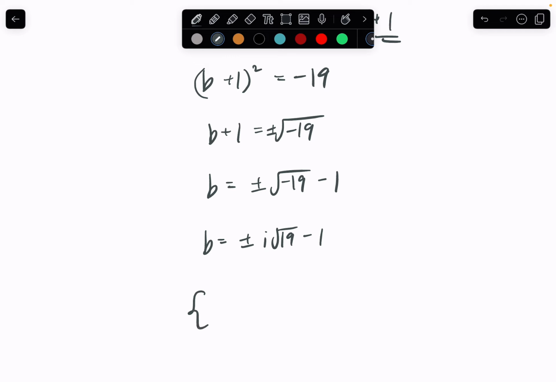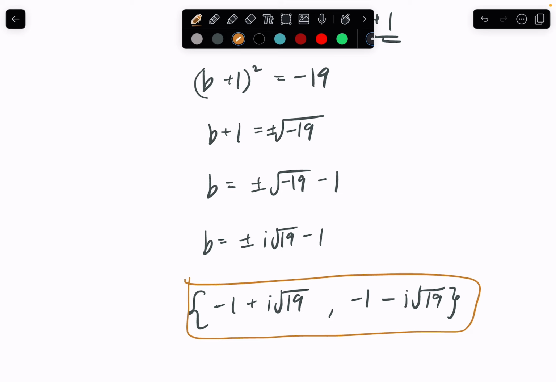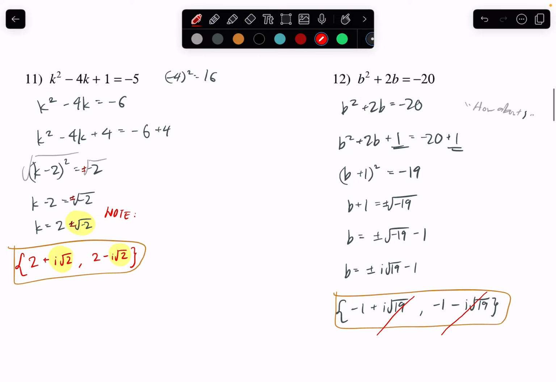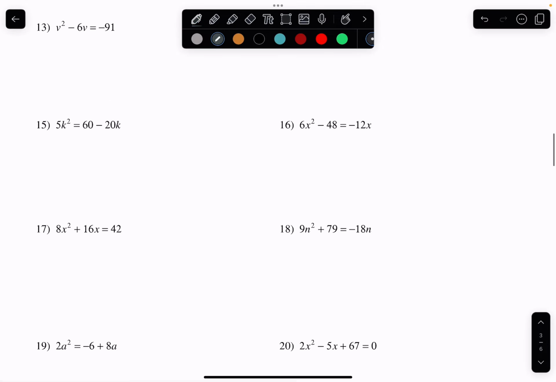So, answers are negative 1 plus i square root of 19 and then negative 1 minus i square root of 19. Okay. Whew.